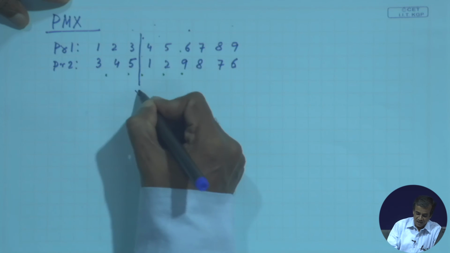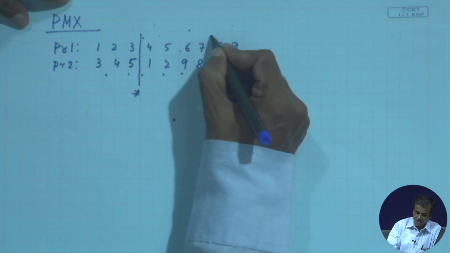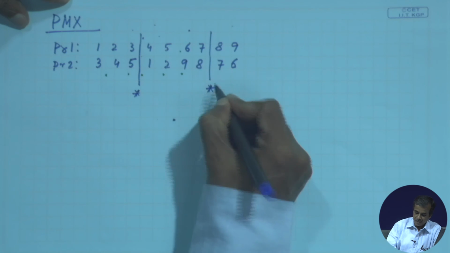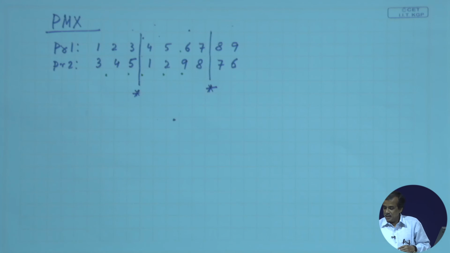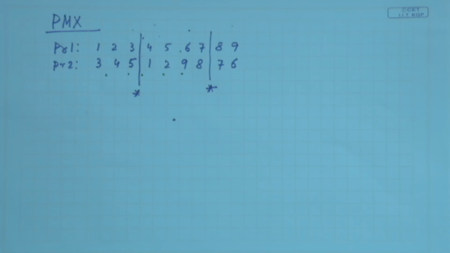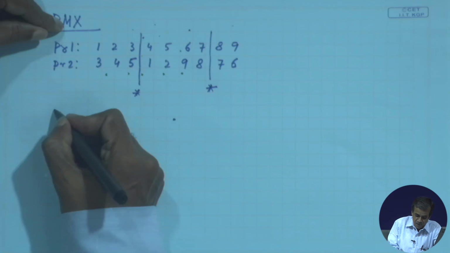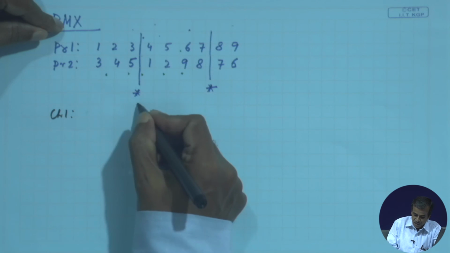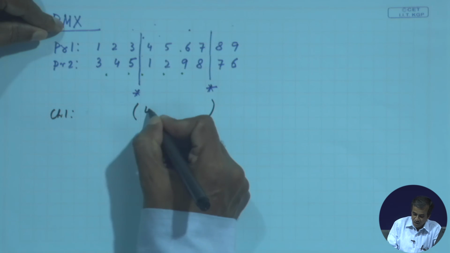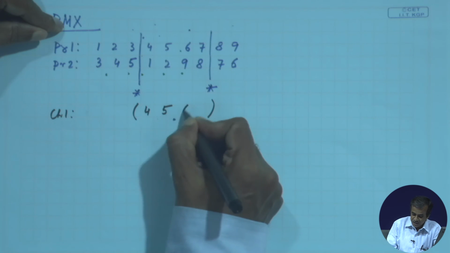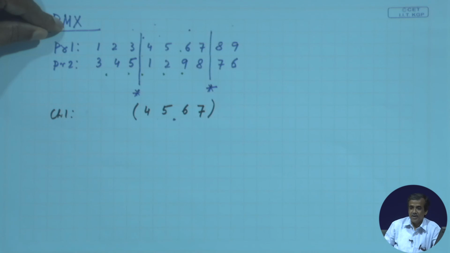One crossover site is here and another is here. The elements 4, 5, 6 and 7 of parent 1 lying within the two crossover sites are directly copied to child 1. So, these 4, 5, 6 and 7 are directly copied.